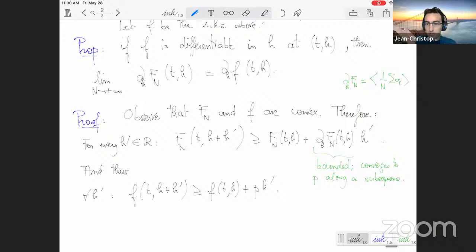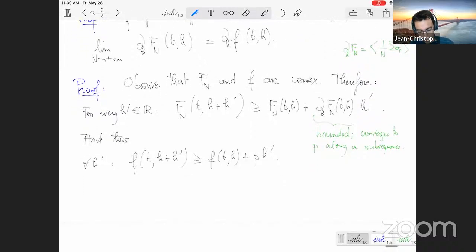Okay, so I found an affine function. This function f of th plus p h prime is an affine function of h prime, which is always below the function f. So if f is differentiable at th, this is only possible if p is the derivative of f.